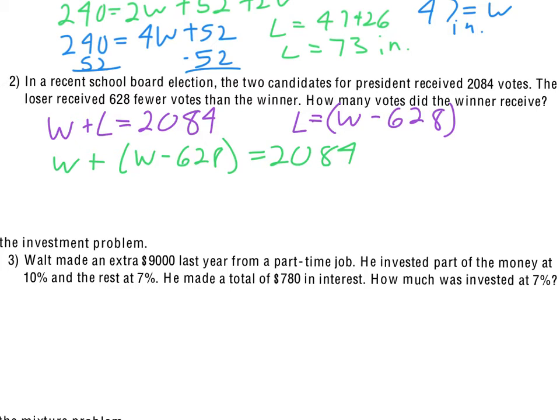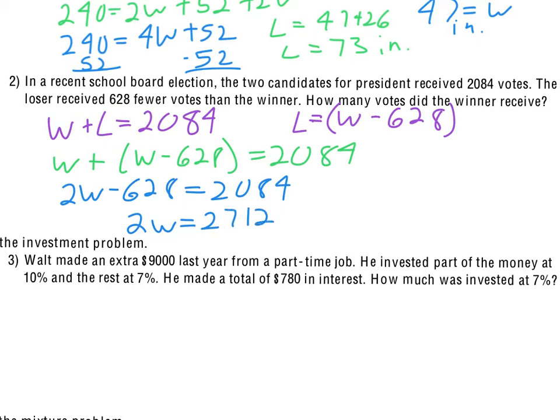So on the left hand side, of course, we will combine our like terms. We get 2W minus the 628 equals the 2,084. Add the 628 to both sides, we get 2W equals 2,712.